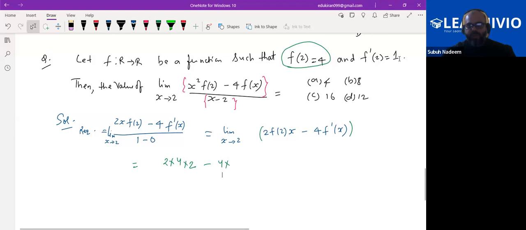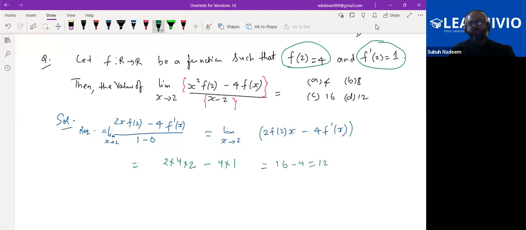So what is f'(2)? f'(2) is given in the question, it is equal to 1. So it will be 16 minus 4, it will be 12. So it is option D, 12. This is 2 f(2) into 2 minus 4 f'(2).